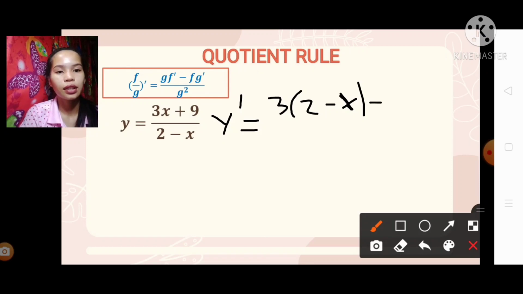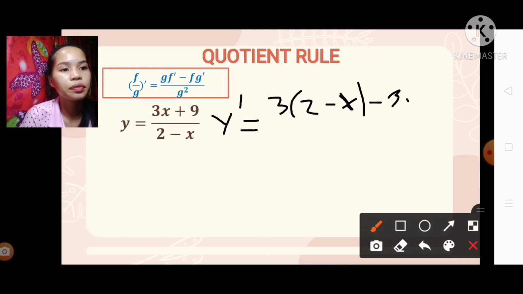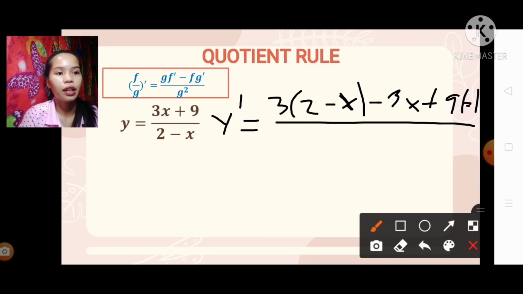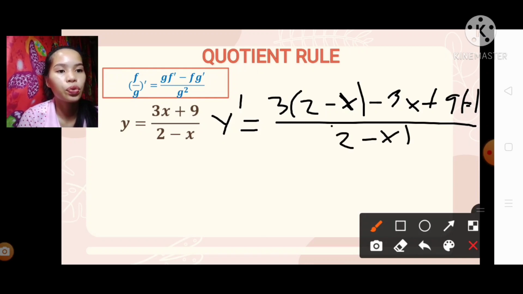Minus the 3x plus 9, which is our f, times the derivative of 2 minus x, which is negative 1. Over our g squared, which is 2 minus x squared.